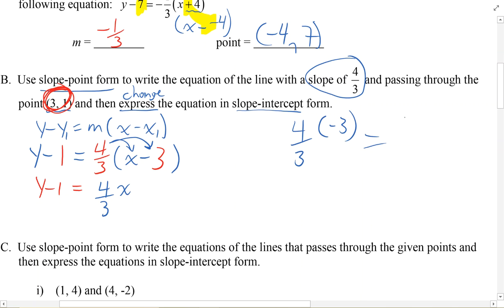How does that work? Well, it's over 1. So really, it's -12/3. Remember, when you multiply the tops, multiply the bottoms. So that's going to be -4. So really what's happening is the 3's are canceling out to a -1, and you're multiplying 4 times -1.